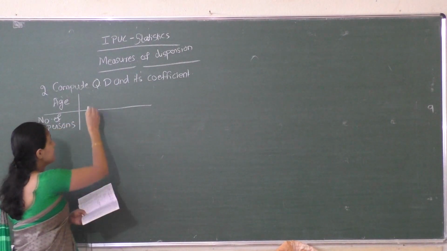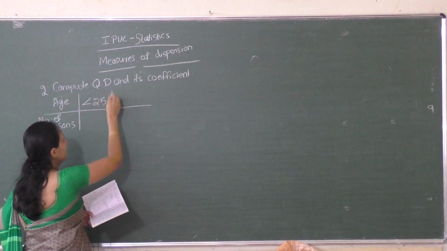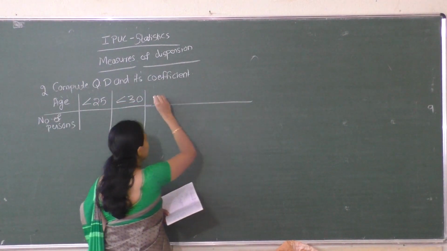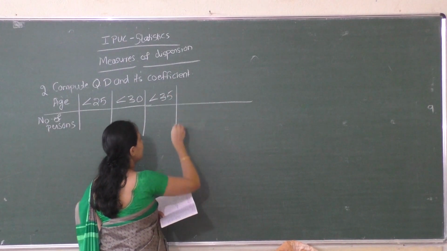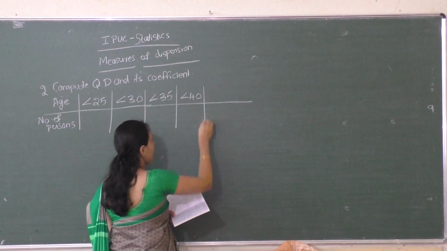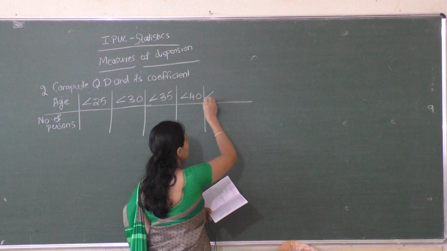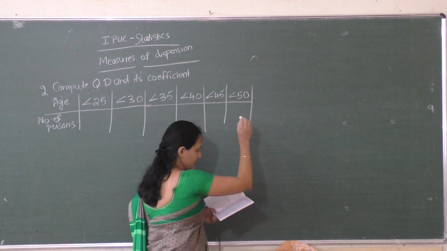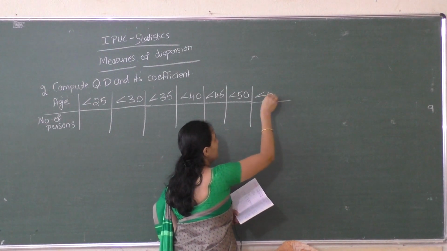Age less than 25, less than 30, less than 35, less than 40, less than 45, less than 50, less than 55.